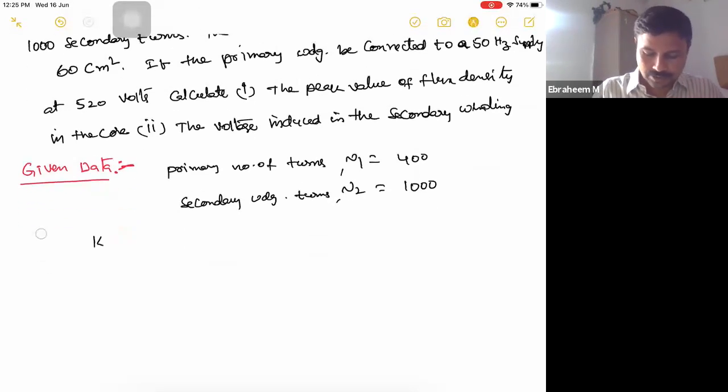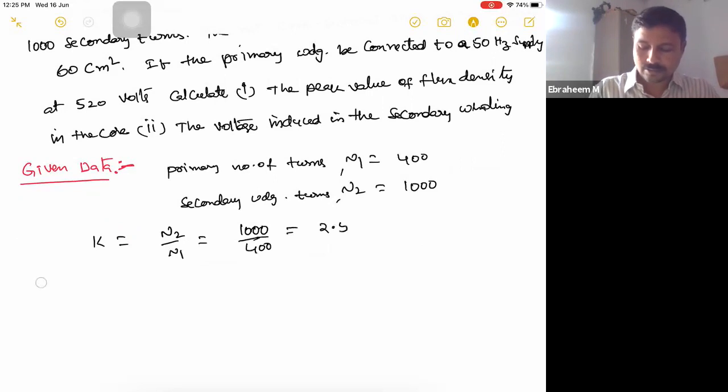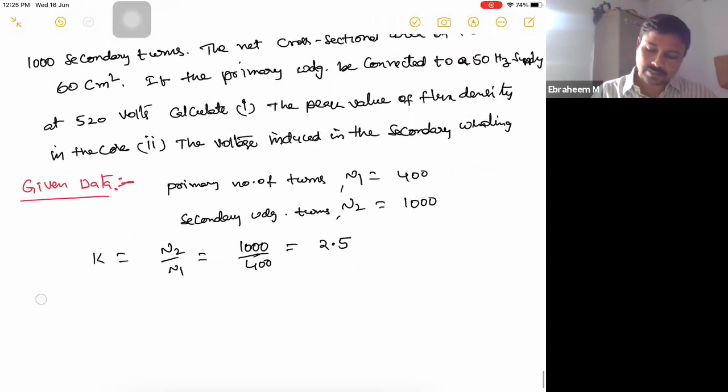So K is equal to how much? N2 by N1, that is 1000 by 400, which is 2.5. K is unitless.